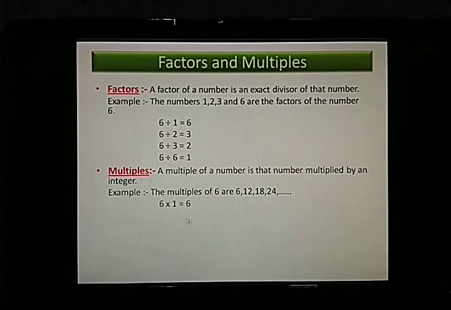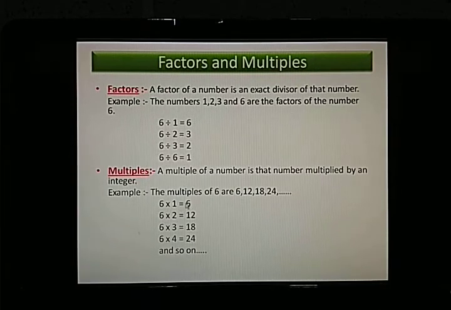So let us see. If we multiply 6 with an integer 1, we get 6. If we multiply 6 with the next integer 2, we get 12. If we multiply 6 with the next integer 3, we get 18. If we multiply 6 with the next integer 4, we get 24, and so on.